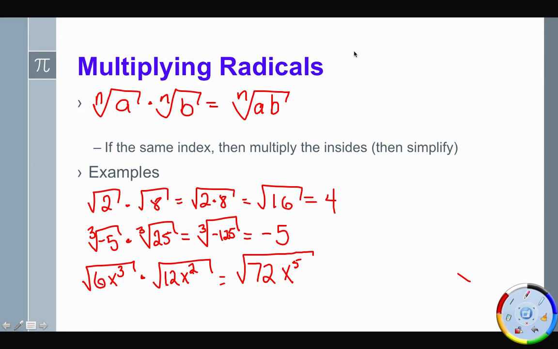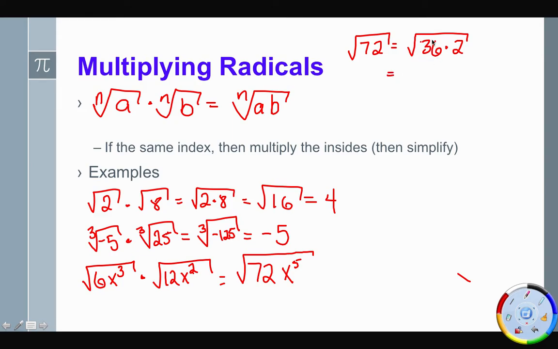Now, you might recall from previous classes on how to take the square root of a number that is not a square. Well, you need to look for square numbers inside of 72. 72 is the same thing as 36 times 2.